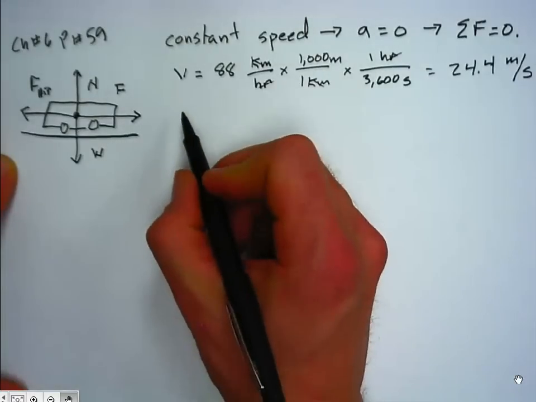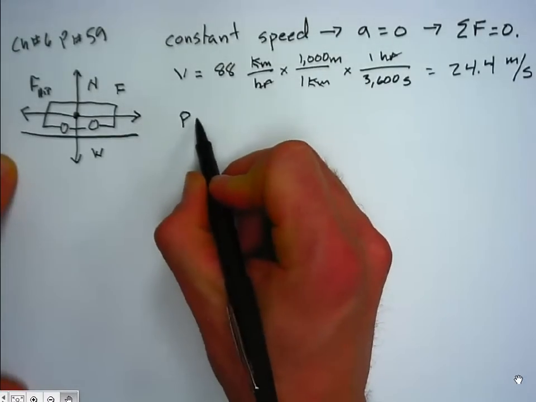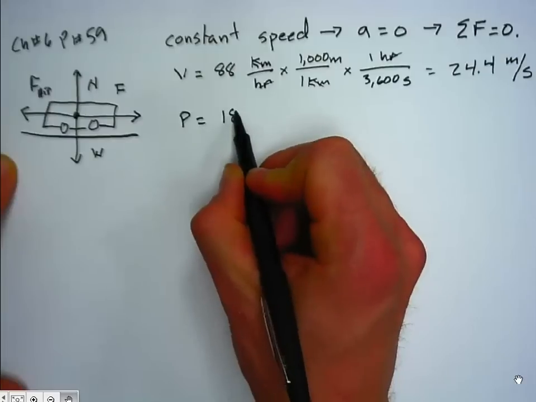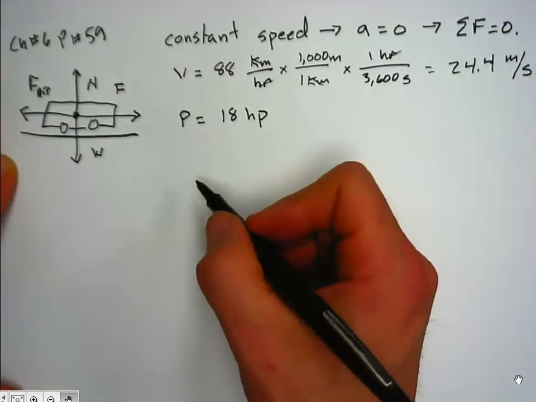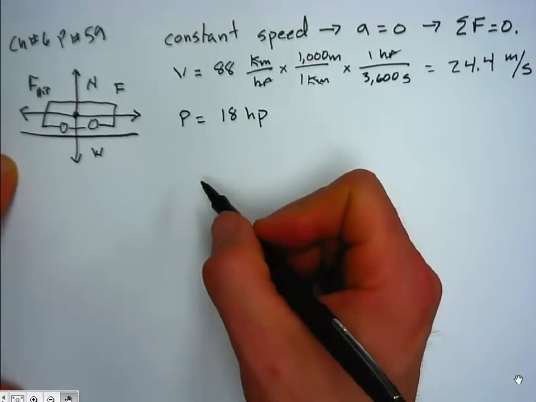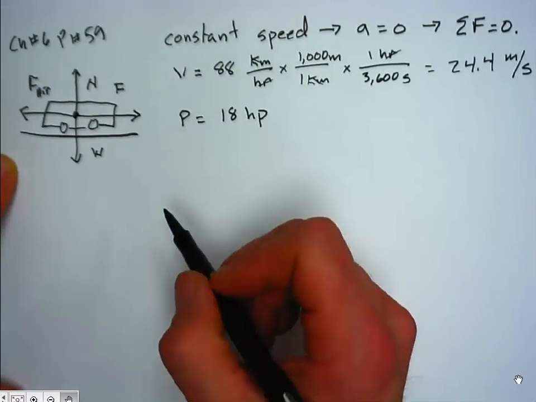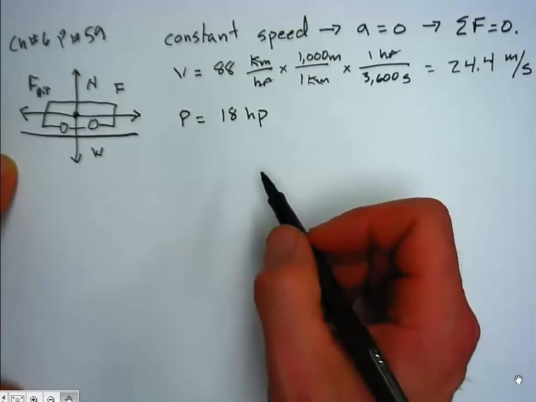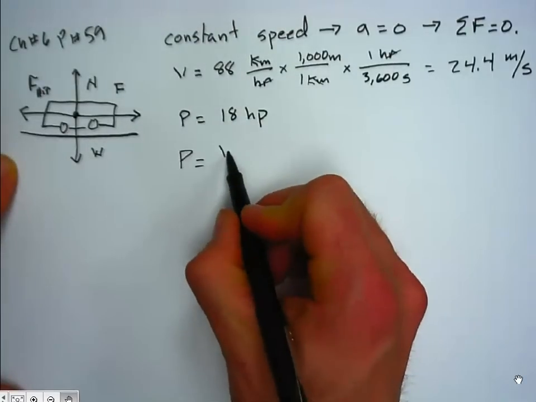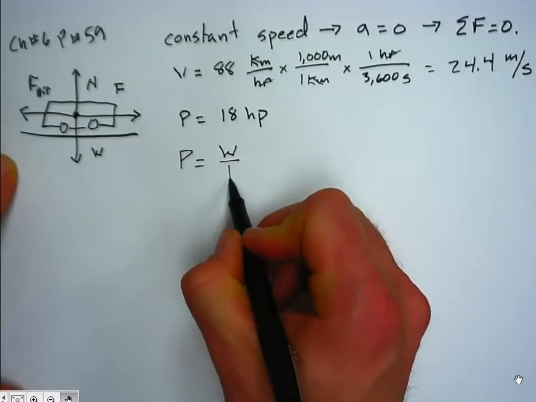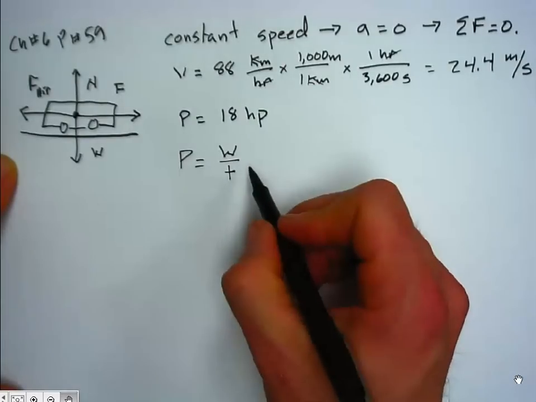What else did they say? They said the power exerted by the engine is 18 horsepower, right? And I know what you're thinking. What is power? And I say, no, power is measured in watts. Ah, little joke there. So power is work per unit time, all right?